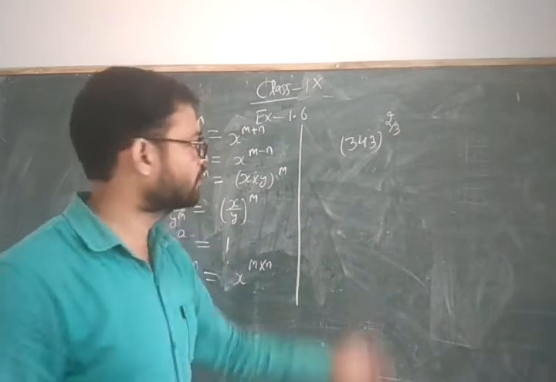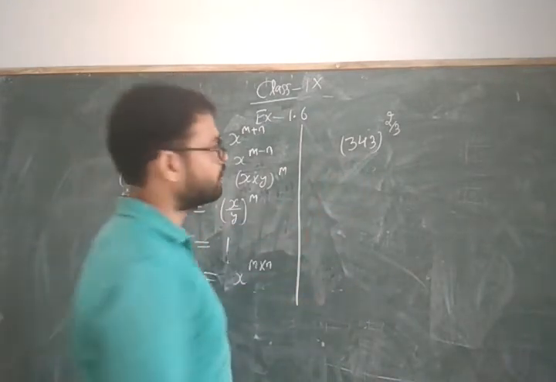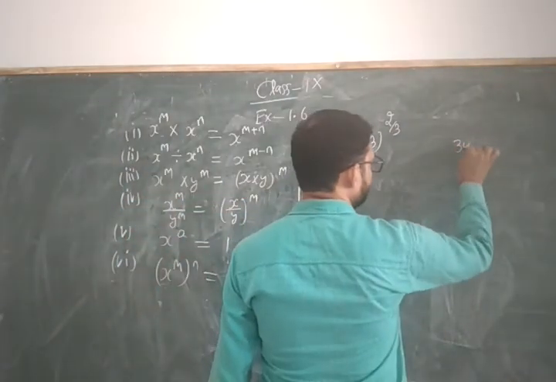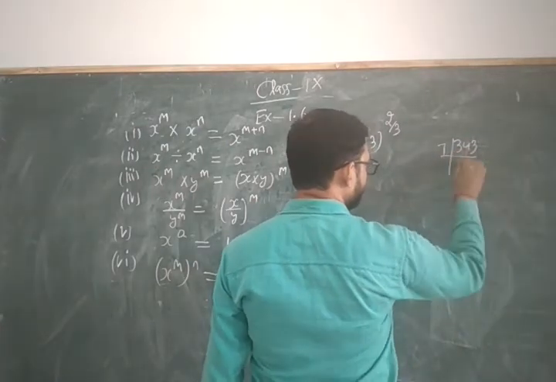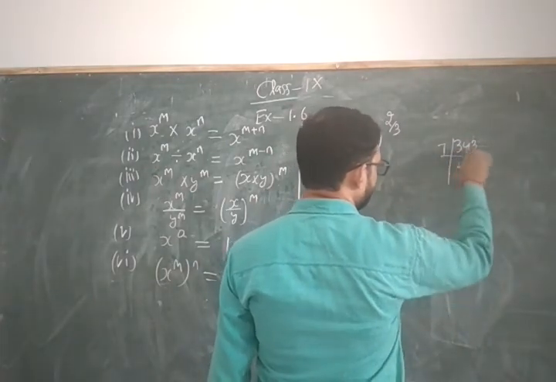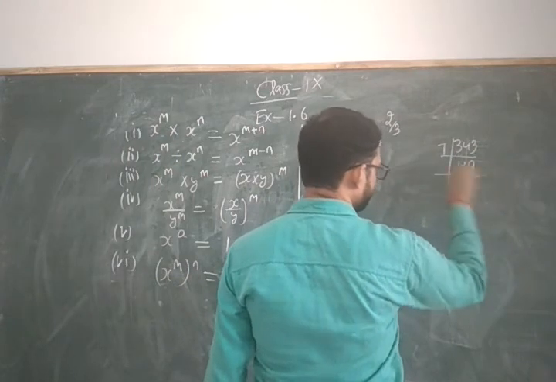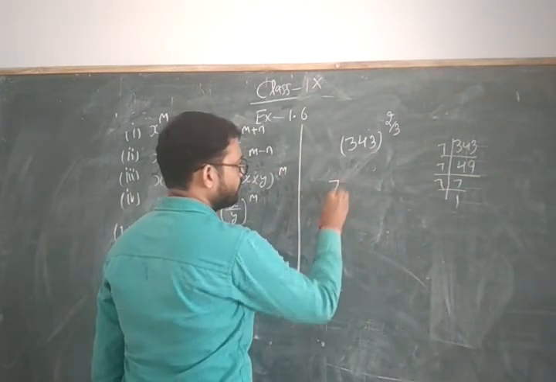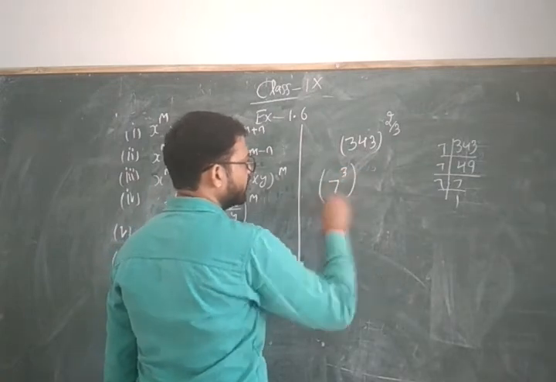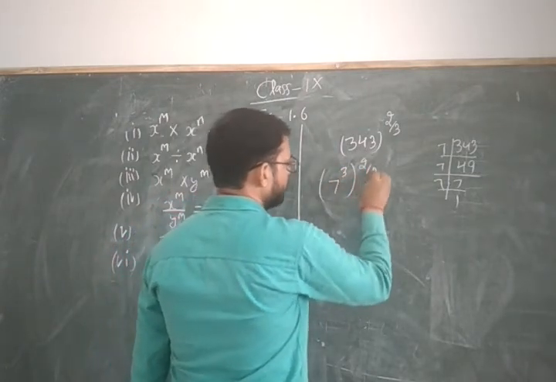So for this one you will make the prime factors of 343. When we take the prime factors of 343, it is divided by 7: 7 4s are 28, and 7 7s are 49, 7 7s are 7, 1. So you have 7 raised to power 3, and its whole power is 2 upon 3.